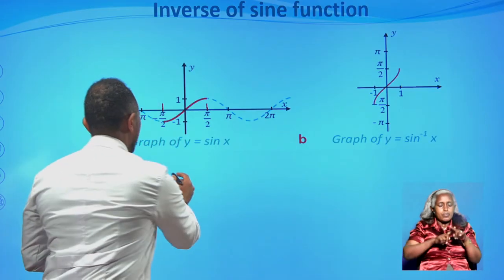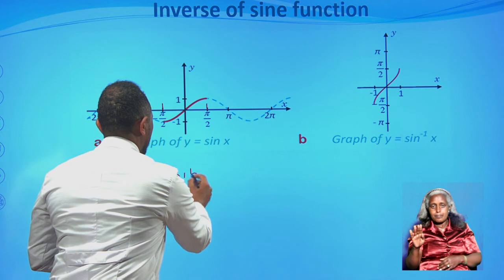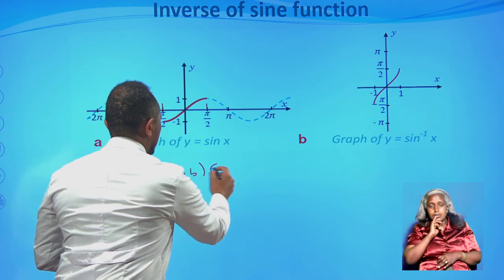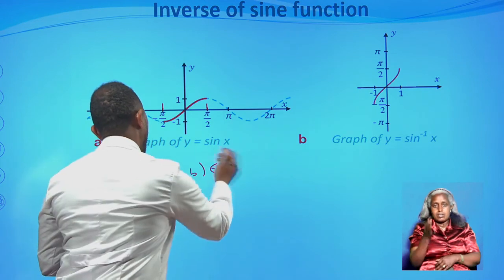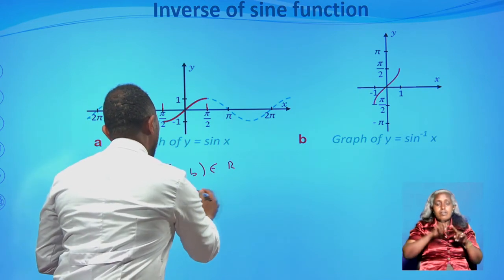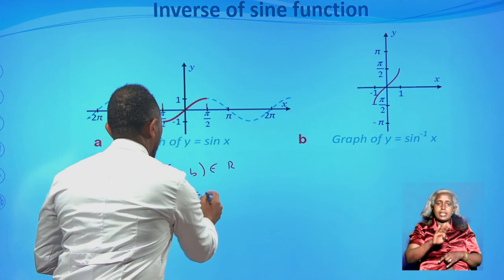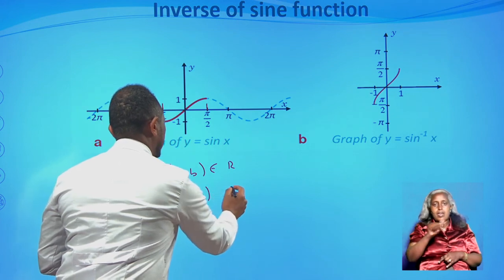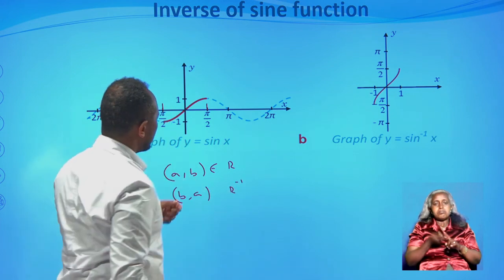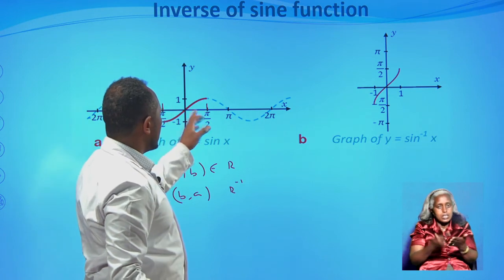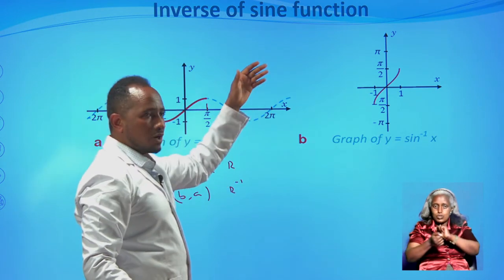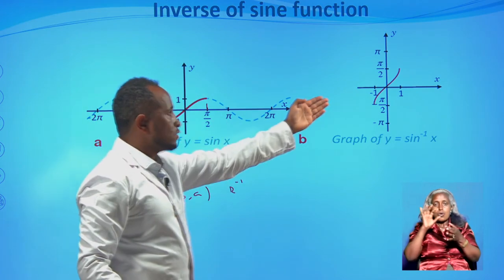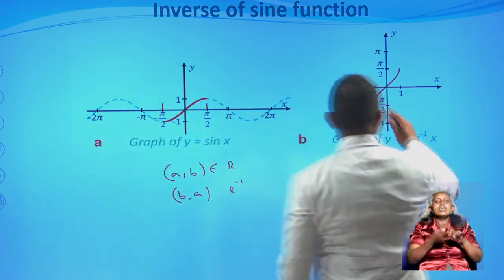If (a, b) is an element of a certain relation or function f, the inverse will contain (b, a). Therefore, the x coordinate will be changed into the y coordinate and the y will be on x. So you can see the inverse here.